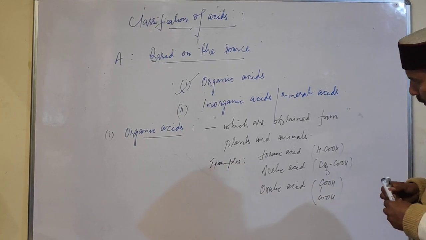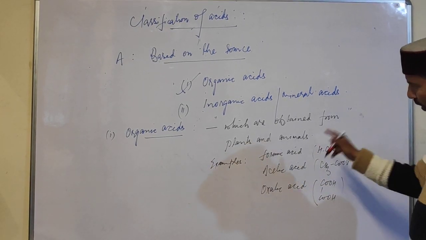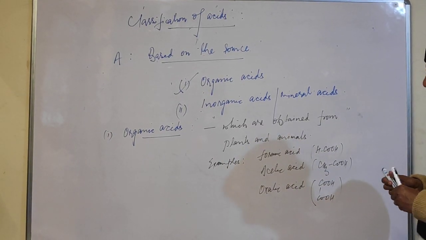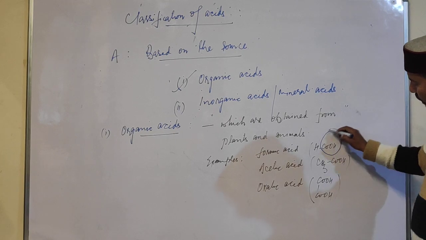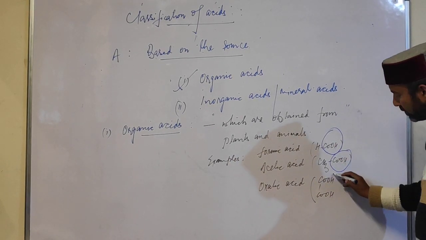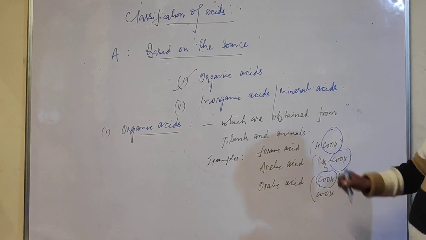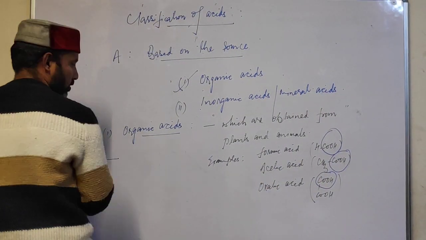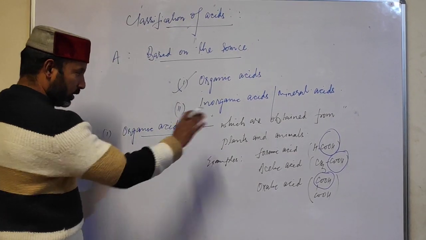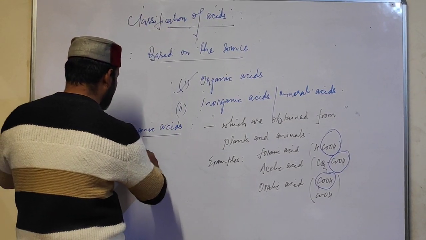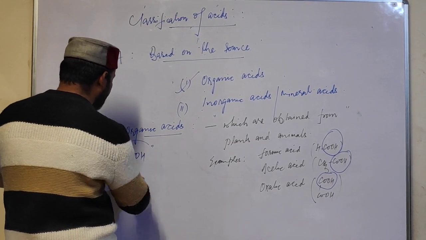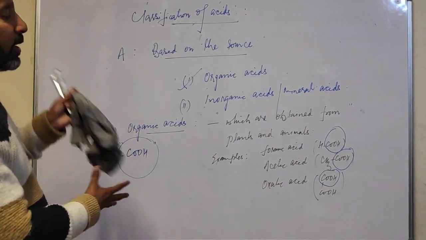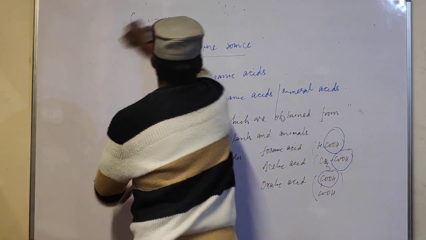And look students, there is a common feature among these compounds, and it is the presence of a functional group, that is COOH. So all organic acids, students listen, all organic acids contain a characteristic functional group which is called carboxylic group.